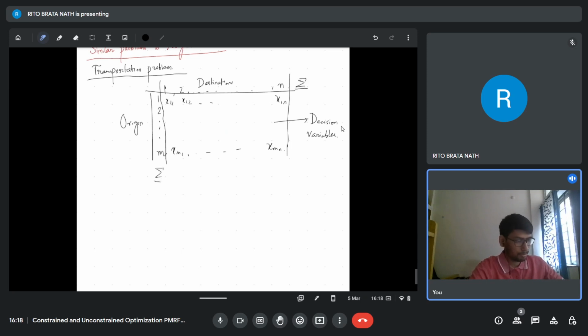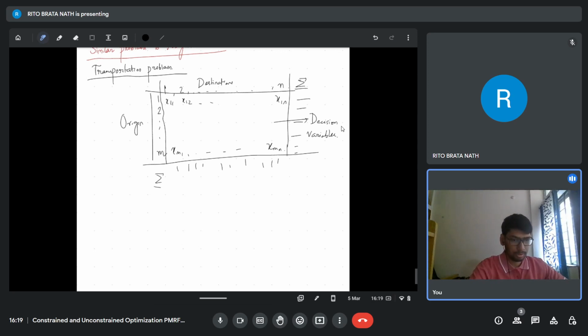So that should add up to certain values. For every column, you will have an equality constraint, and for every row, you will have an equality constraint, right? So you can, I think, get how many equality constraints you can have from this problem.